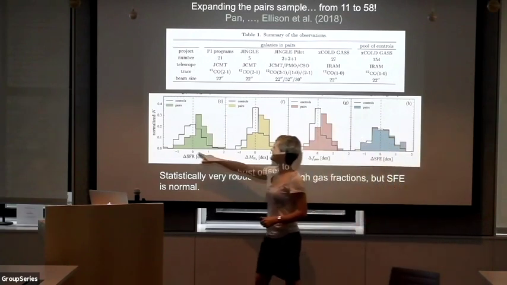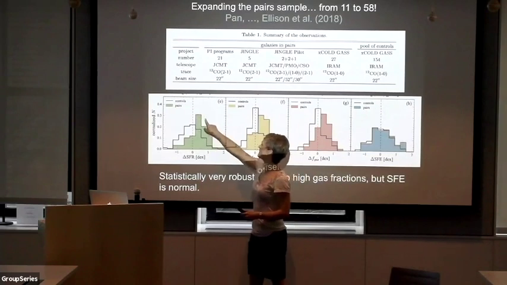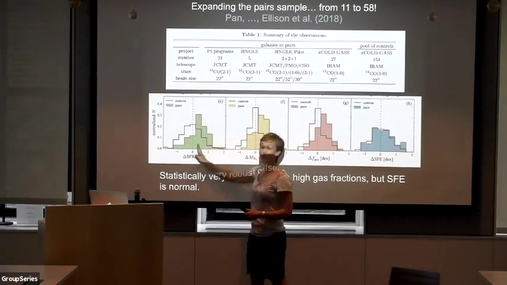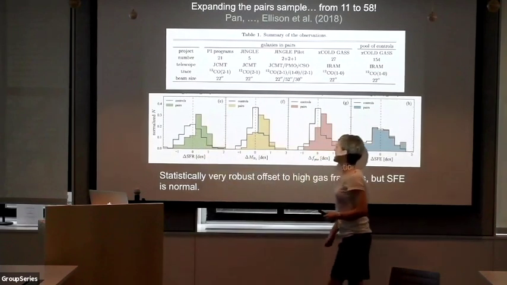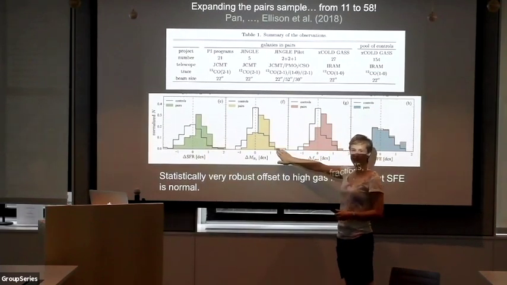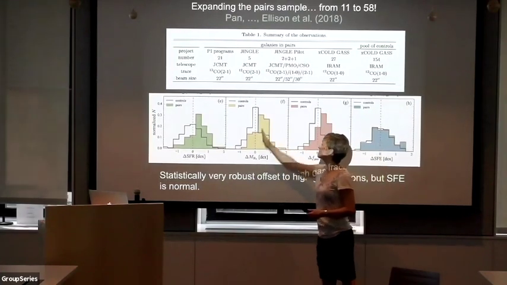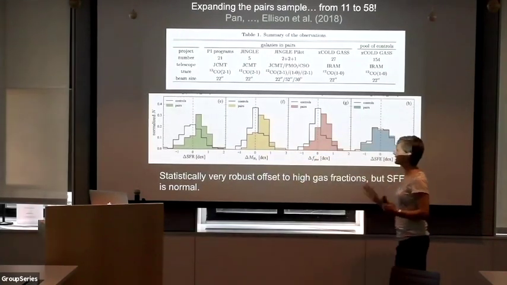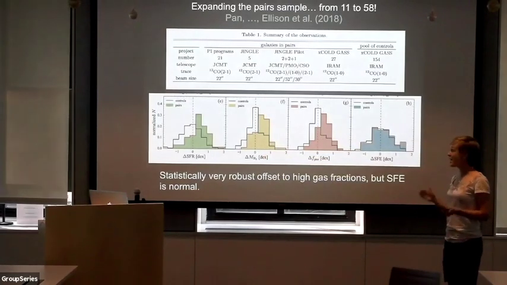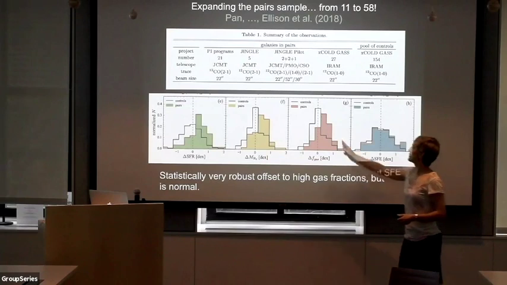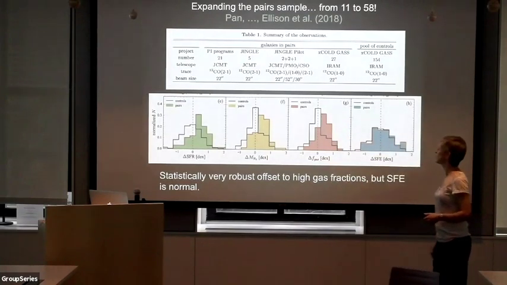We still see an offset in terms of the star formation rate, so this delta SFR has a positive value on average. Here is the difference in the molecular gas masses. We actually reproduce the same positive offset, factor of 2 to 3 higher gas masses in these pairs, which you also see in the total gas fractions.